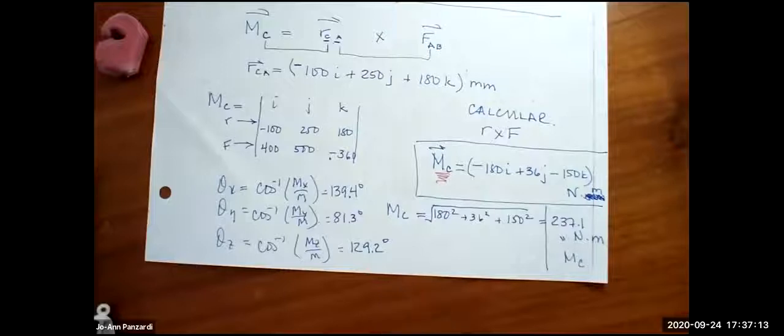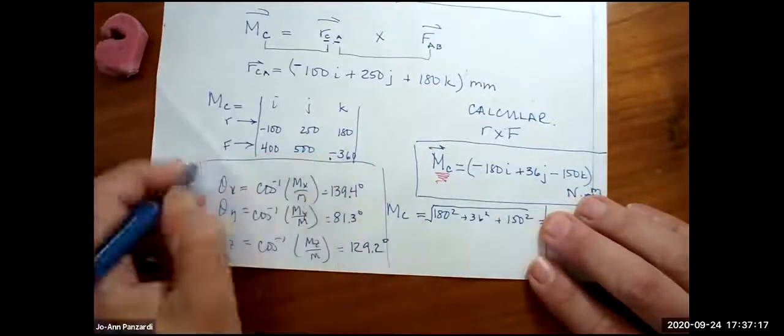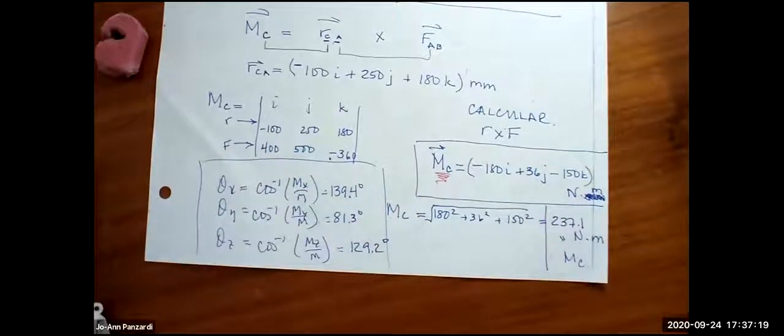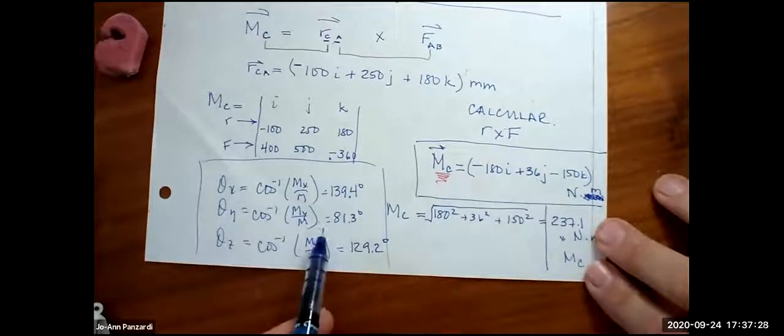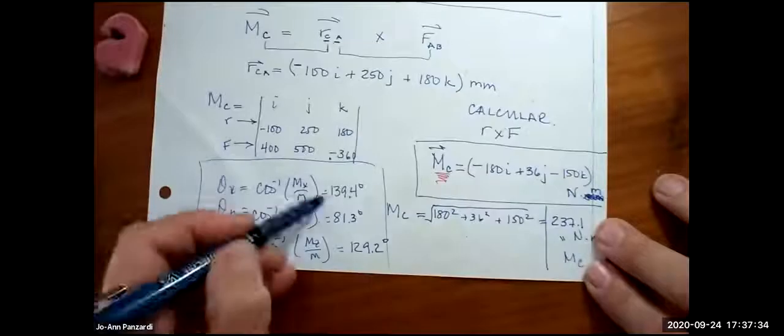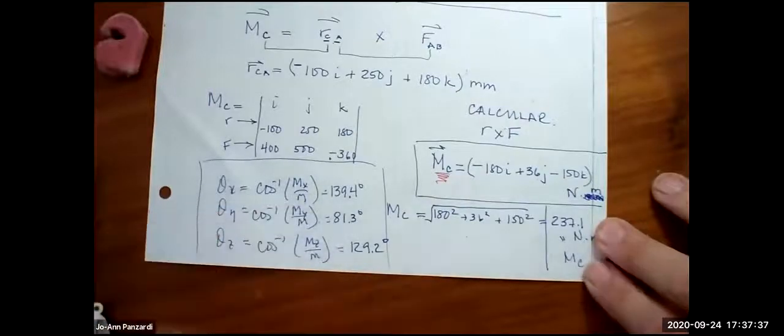Great. Okay, so what checks can I do? There are 2 checks I could do on these direction angles. We are up to Hyoji. What checks can we do on direction angles? We did this before.